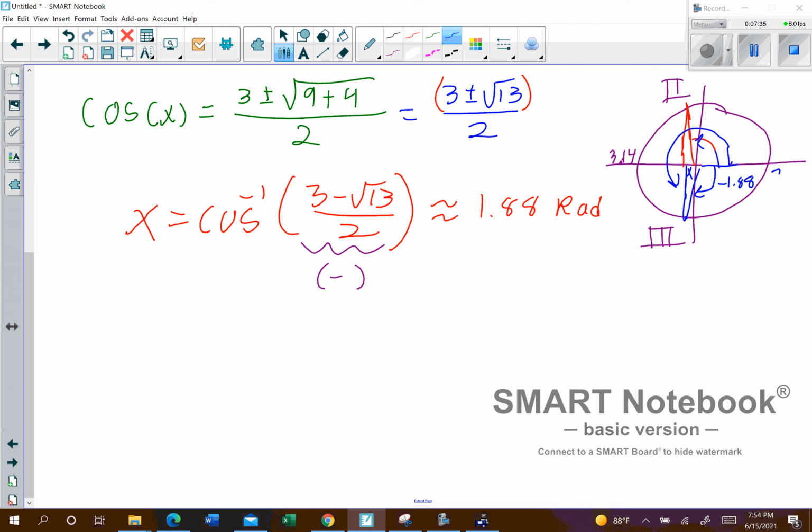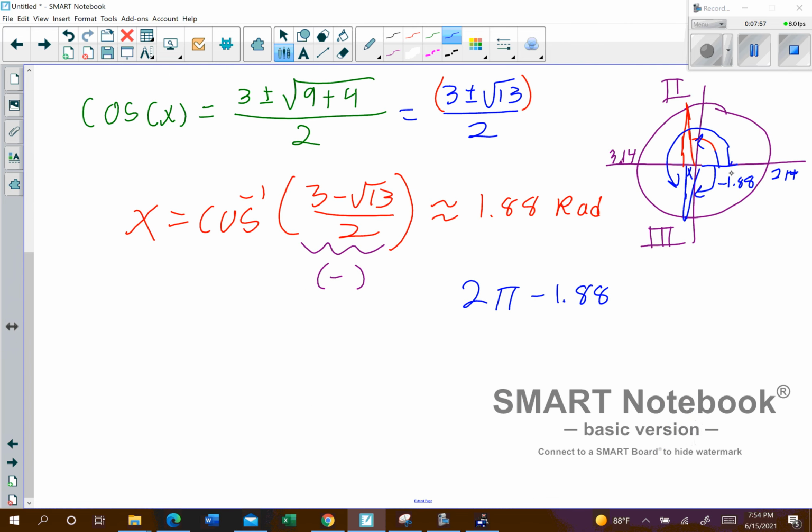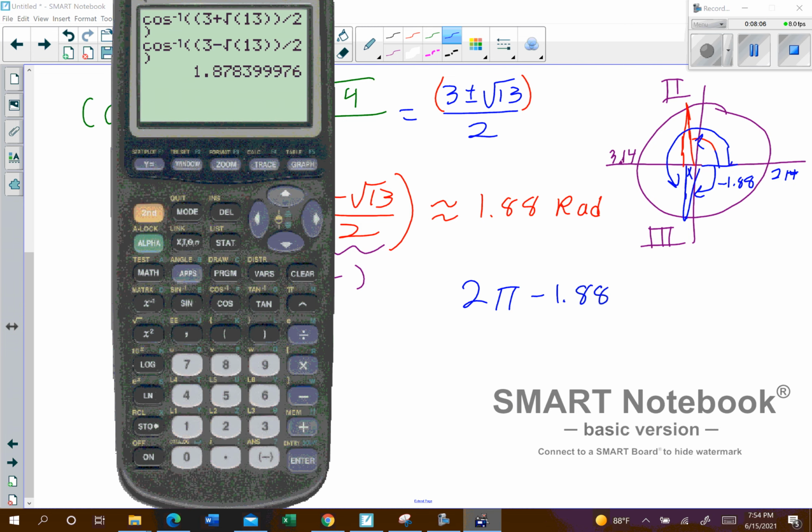To figure out that other angle, I'm going to do 2 pi and subtract 1.88. What that does is give me the positive angle, because the parameters were between 0 and 2 pi. So 2 pi is that full revolution, and I subtract off 1.88, and that will give me that second angle. Let me grab my calculator.